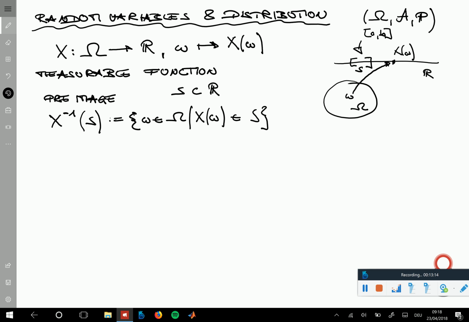So these are the elements in the domain of the function, which in this case is the elementary outcome space, that map onto elements in S. So again, maybe let's visualize that. Let's say this is our S, and we have a couple of omegas in here.